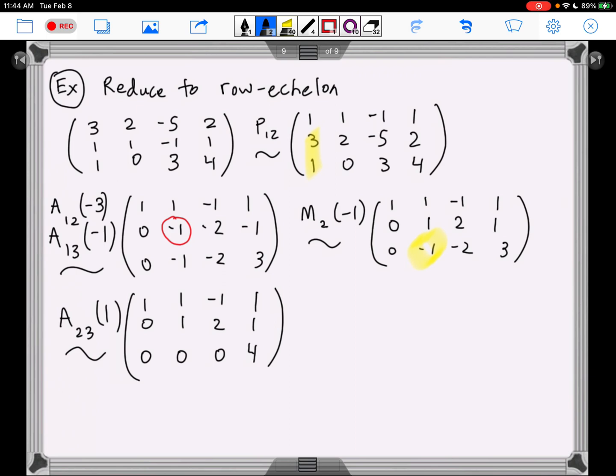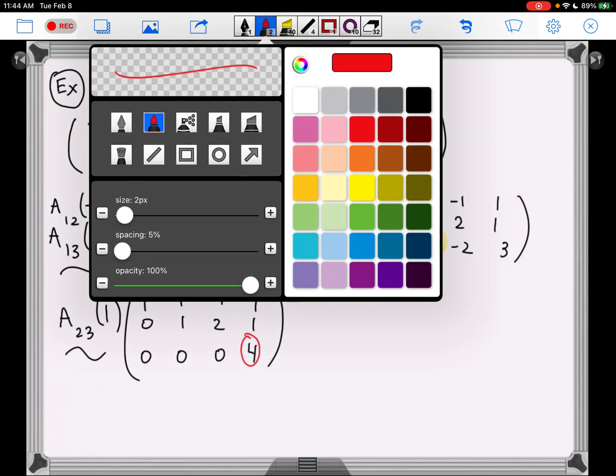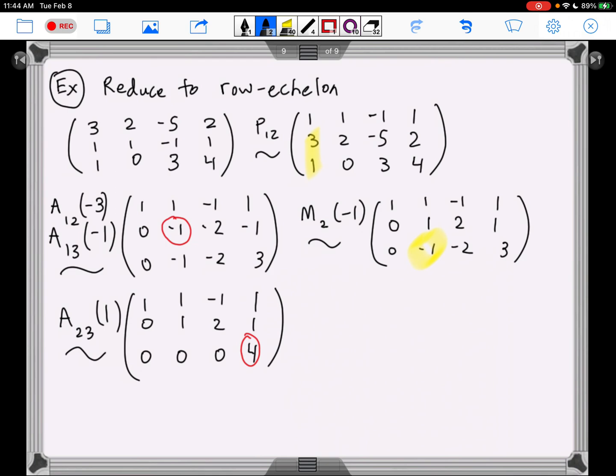So there we go. We fixed it. Now that we're here, the last step will be to turn that last 4 into a 1, right? We want to turn this guy right here into a 1. And so we can just multiply row 3 by a 4th.